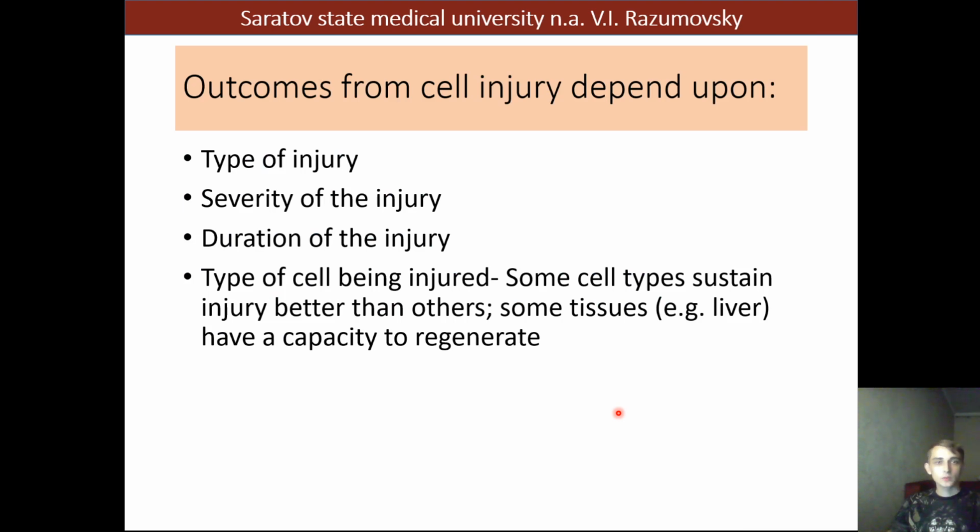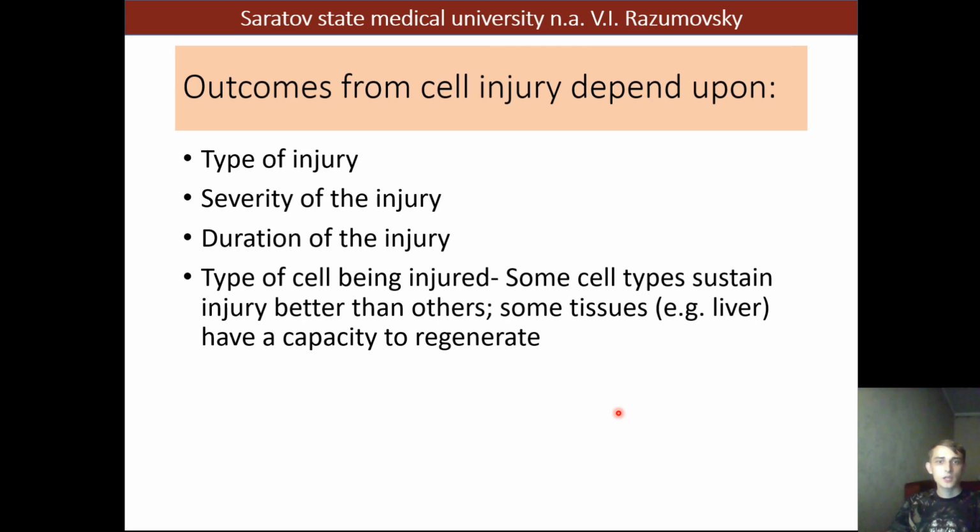The outcome of cell injury depends upon the type of injury. If we talk about chemical or biological injury, we mostly talk about irreversible injury. It also depends on the severity of injury, duration of injury, and type of cell; some cells and tissues sustain injury better than others.